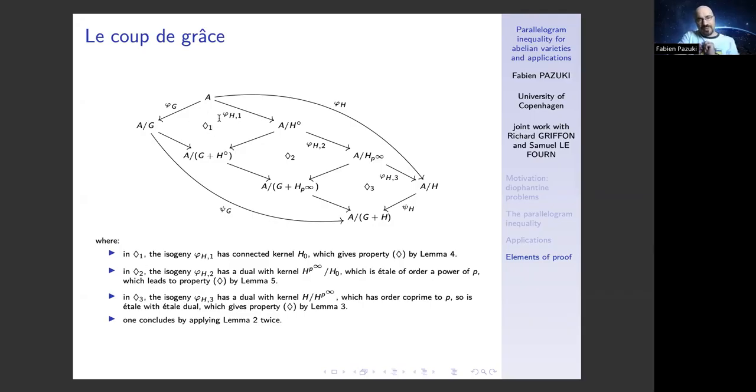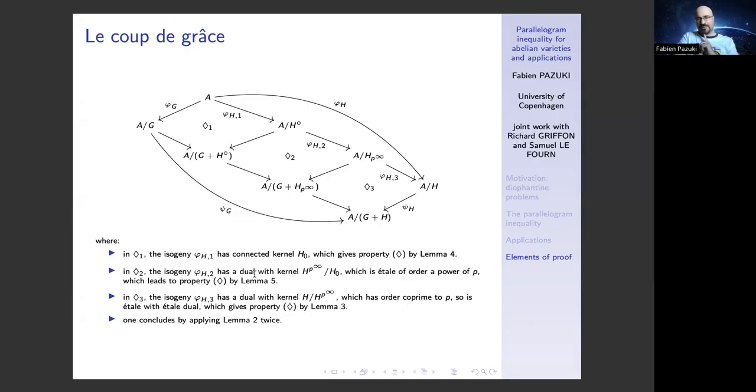But basically, in the first one, well, now you have a connected kernel because, well, that's what you define the H^0. So then this gives you the parallelogram inequality by lemma 4. So if you know how to prove lemma 4, you know that this works by definition of H^0. In the second one, what do you have?